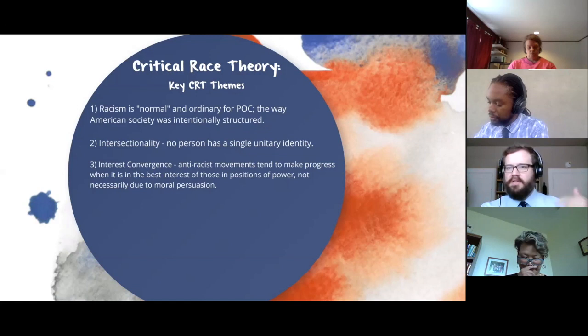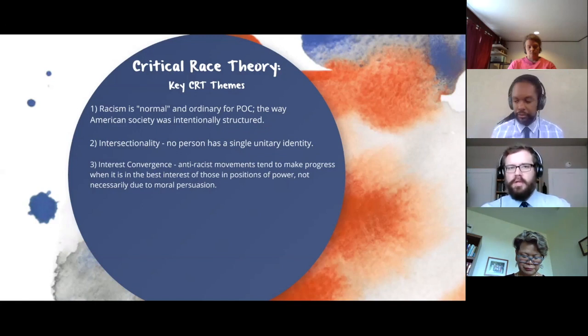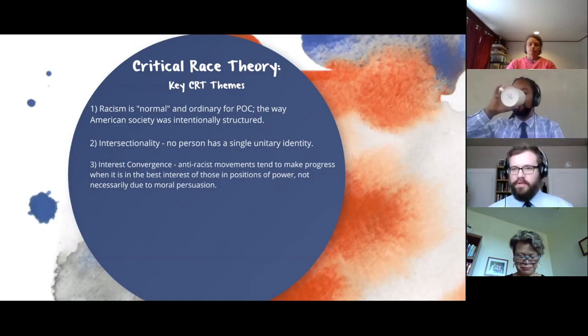So signing the Civil Rights Act was a way for elite political whites to reconcile that hypocritical problem on the world stage. Interest convergence then was the interests of the civil rights activists trying to gain access to the democratic process, really, to gain access to civil rights, and political elite whites wanting to appear like democracy was important. And so that's interest convergence.